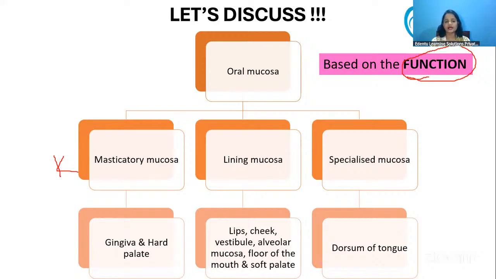At the end, we have the specialized mucosa, present on the dorsum of the tongue, because the tongue has papillae and taste buds. That's why the dorsum of the tongue has specialized mucosa.